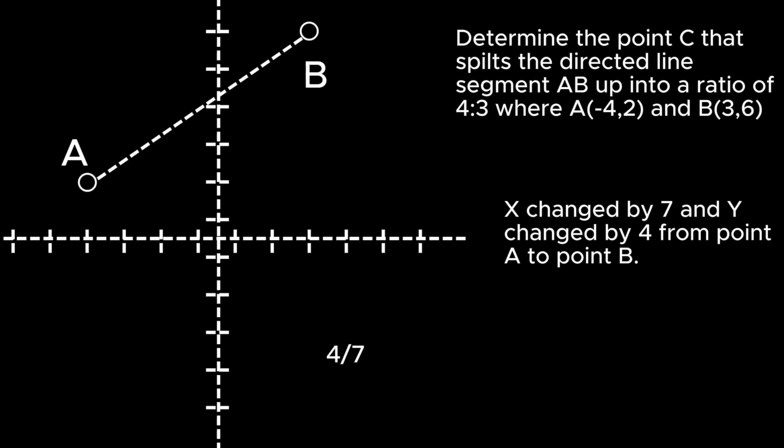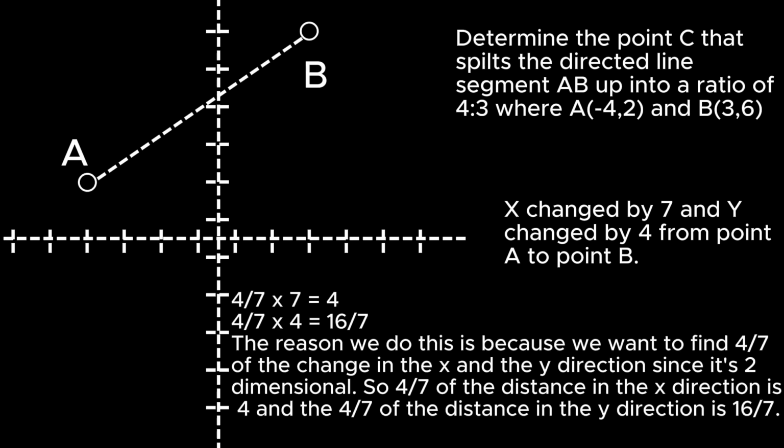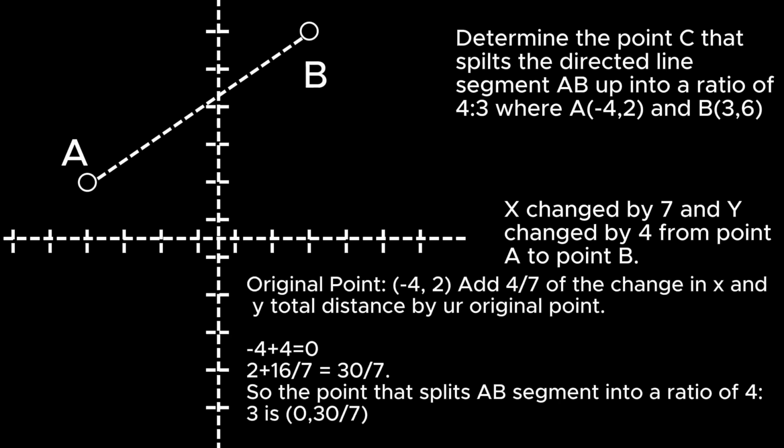Now we just multiply the total distance of x and the total distance of y by the fractional ratio. So 7 times 4 over 7 is just 4. 4 times 4 over 7 is 16 over 7. Then we add the 4 and the 16 over 7 back to our original point, which is negative 4, 2.